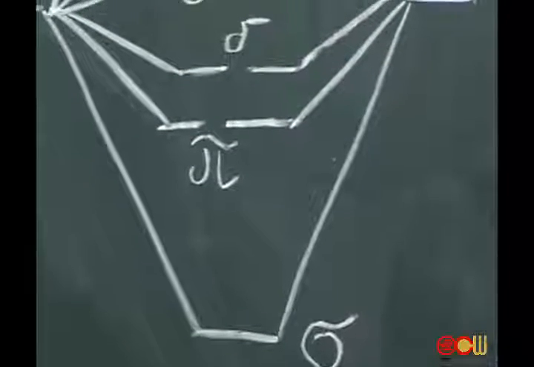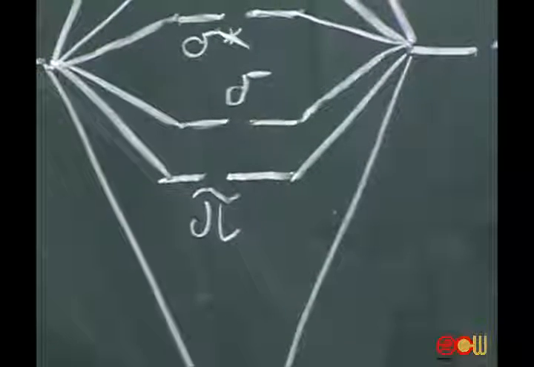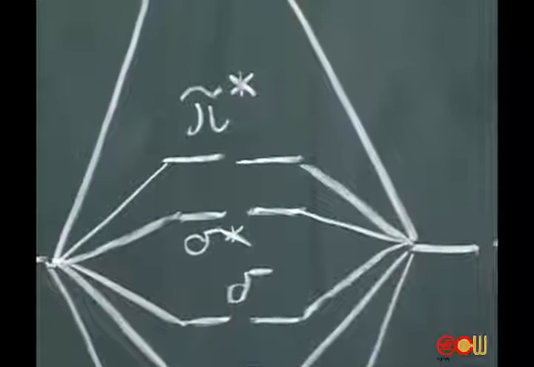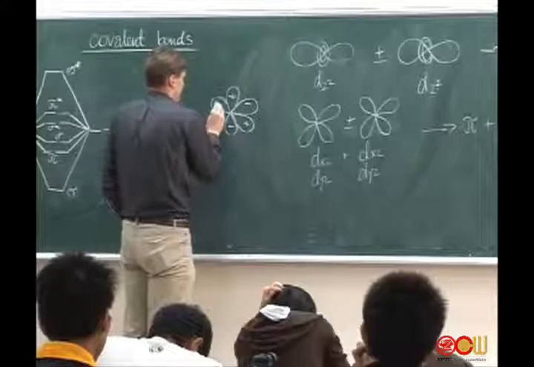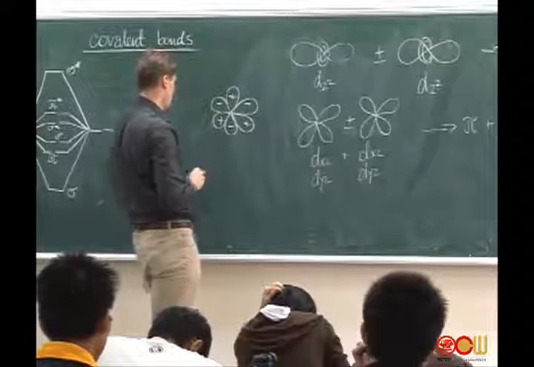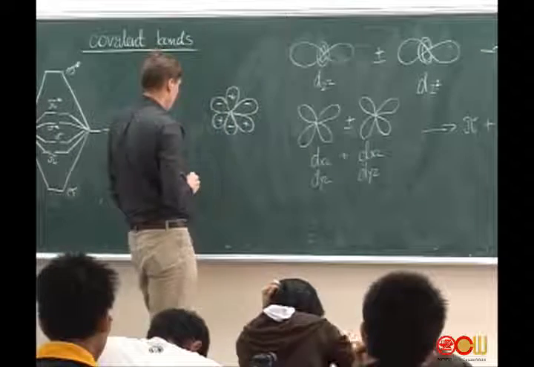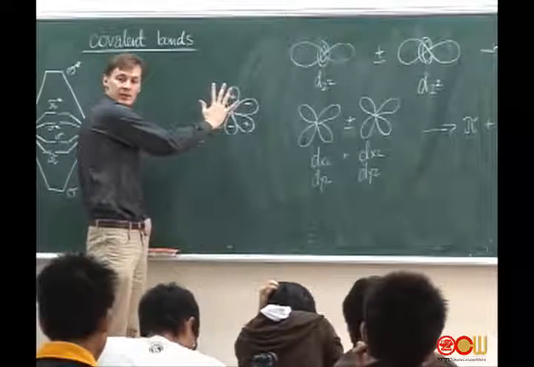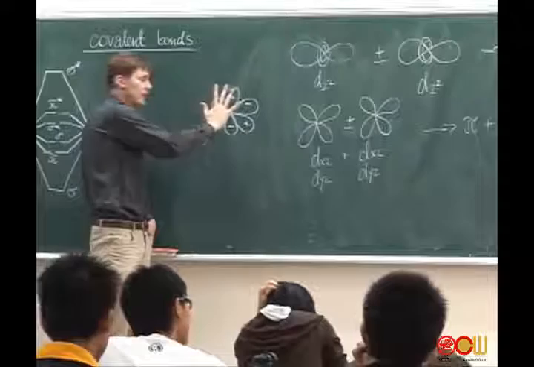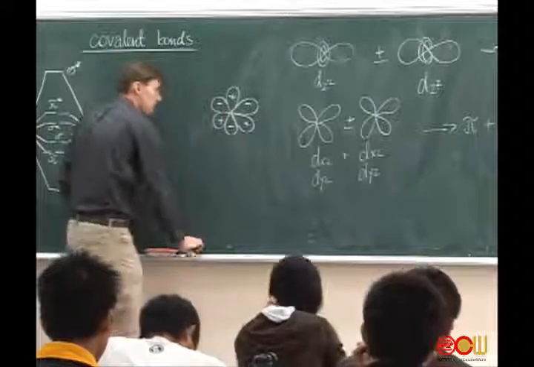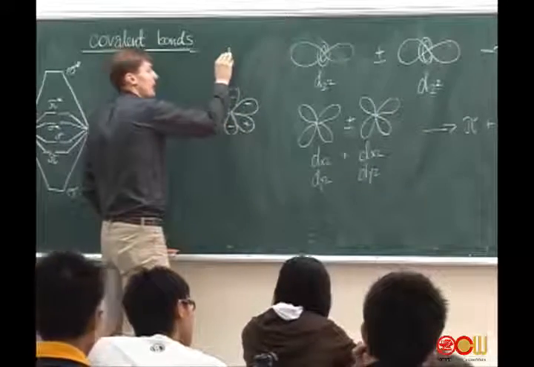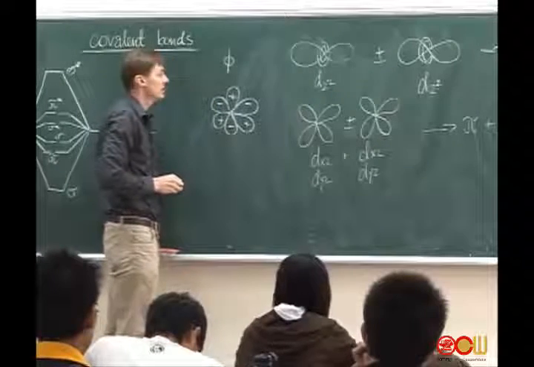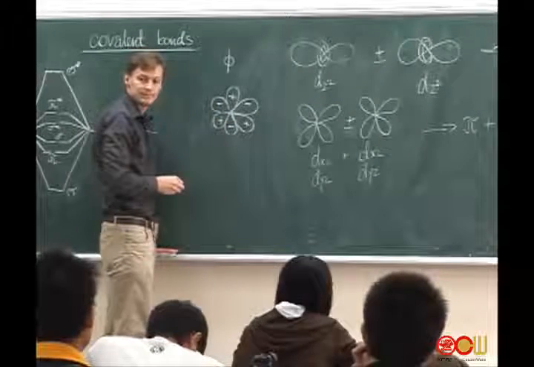What happens further? If you go to the f orbitals, there is one f orbital that doesn't look like that, but looks like that. Plus, minus, plus, minus. If you put another orbital exactly like the same in this direction, then the overlapping of these two will give you what is called the phi orbital, in Greek letter phi.